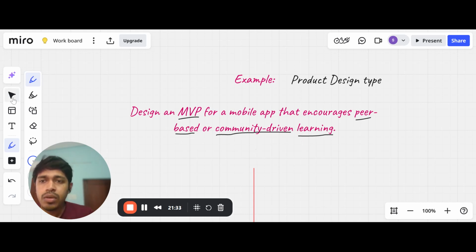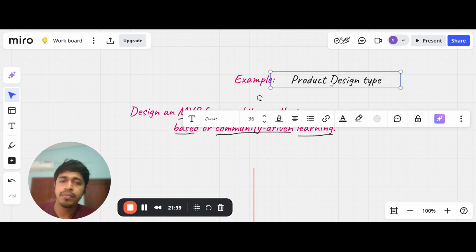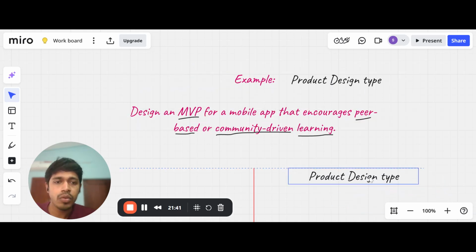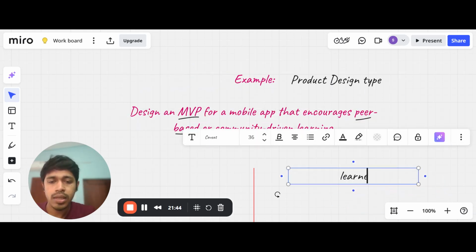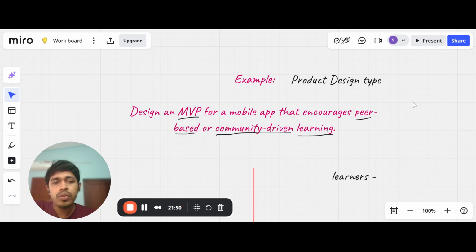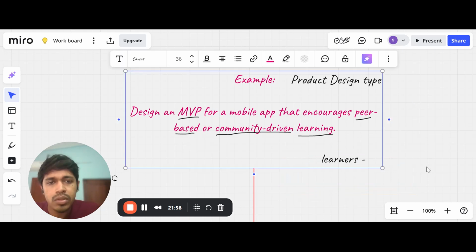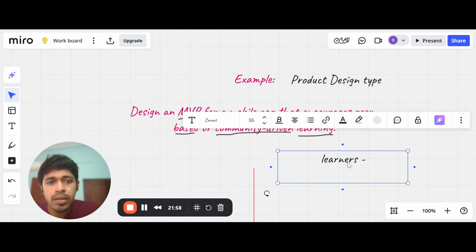Okay. Now, how do you think of the users of this particular app? Users are basically learners, right? Now, how do you segment the users? What are the segments you can use? Any idea?